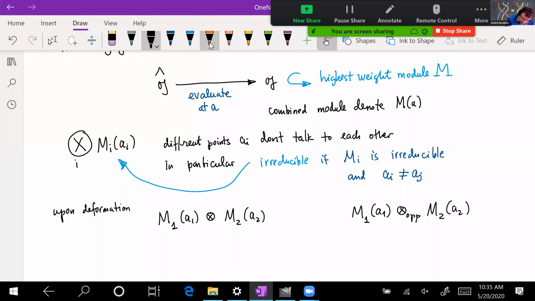And so what will happen for us is that there is an operator called the R matrix.